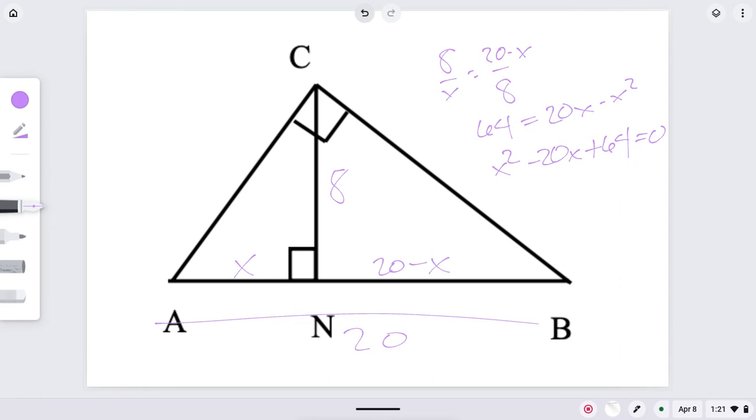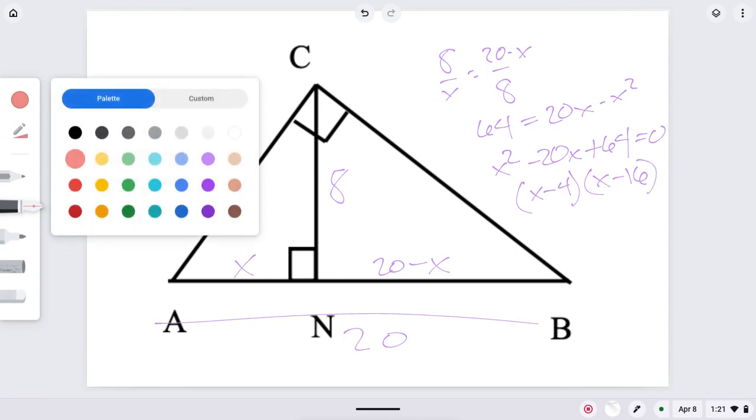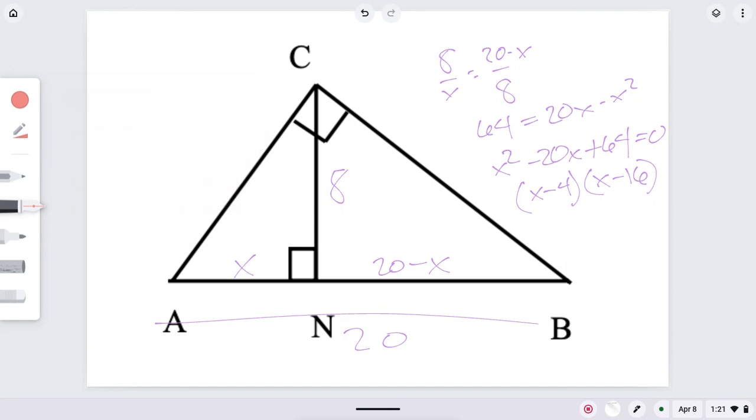And then I know the two factors that multiply to 64 and add to 20 would probably be 16 and 4. So x minus 4 and x minus 16. So now the problem becomes, okay, is 16 the answer or is 4 the answer?